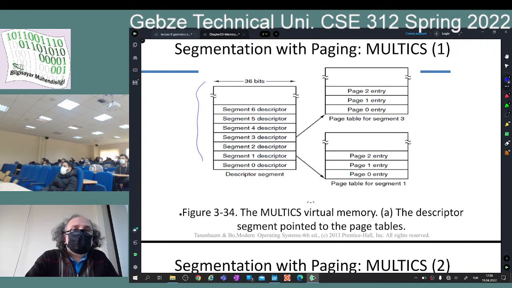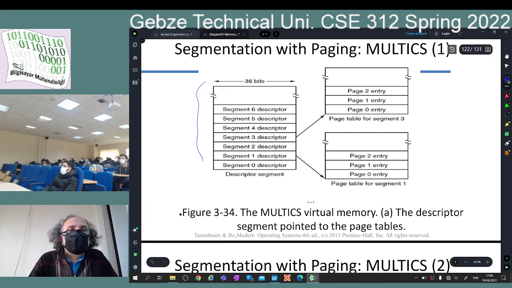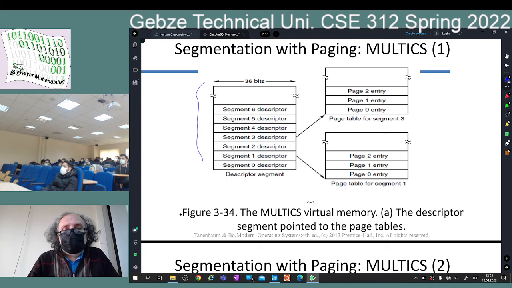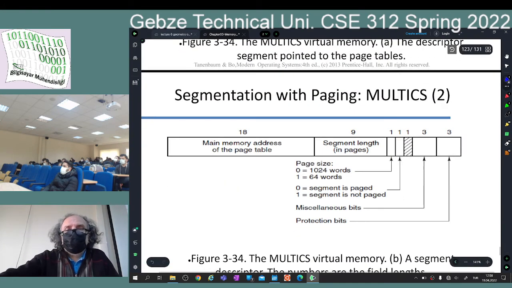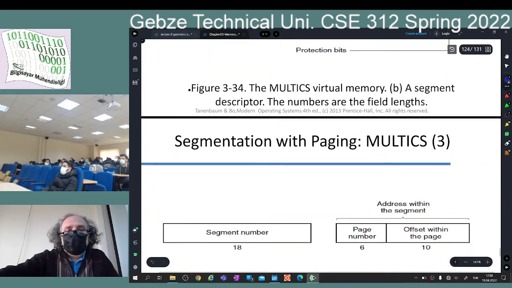Inside the descriptor segment, depending on the user needs, you have many segment descriptors, and each segment descriptor can point to a page table. Okay, so each segment is paged differently. That's how MULTICS works.